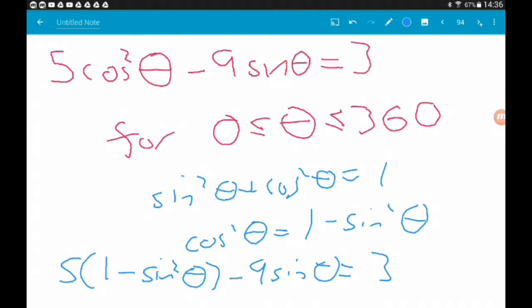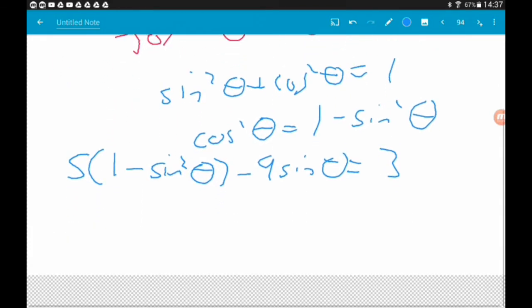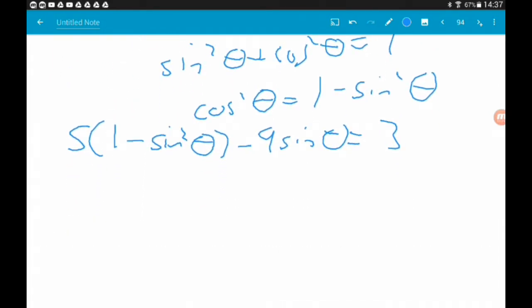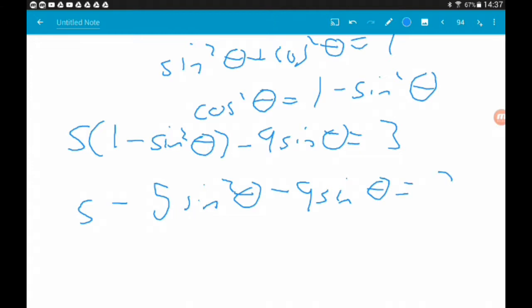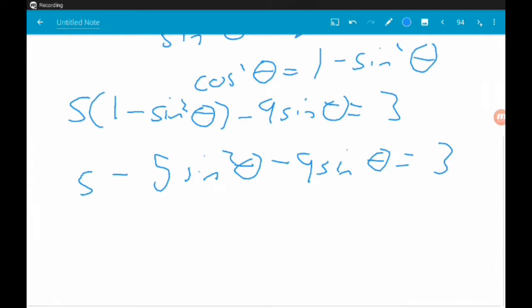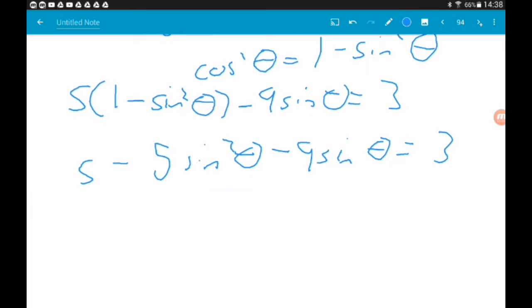We now want to expand and simplify, and what we're going to get is a quadratic in terms of sine theta. So if we expand the bracket, 5 minus 5 sine squared theta minus 9 sine theta is equal to 3. Move everything over to the right so that we've got a positive sine squared term.